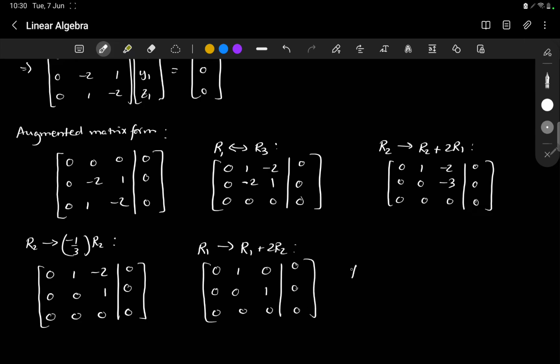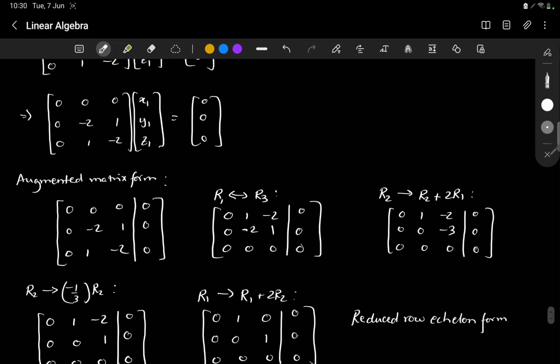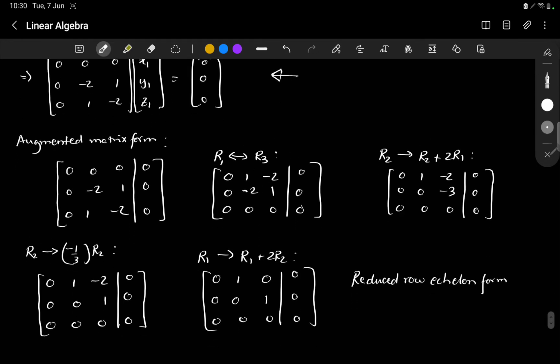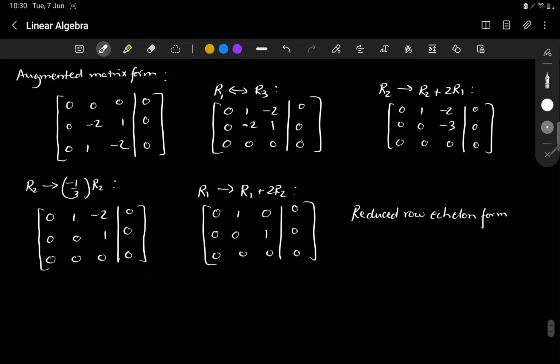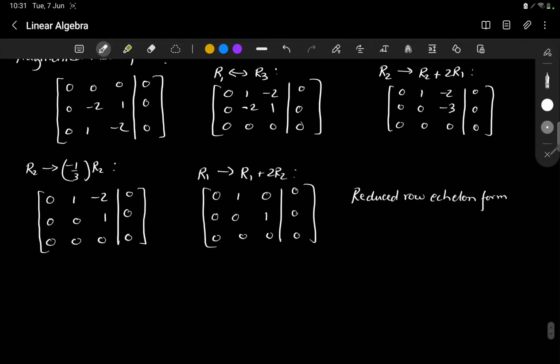So this is the reduced row echelon form for the given system of equations that we started off with over here. So from this we will come to know the solution.